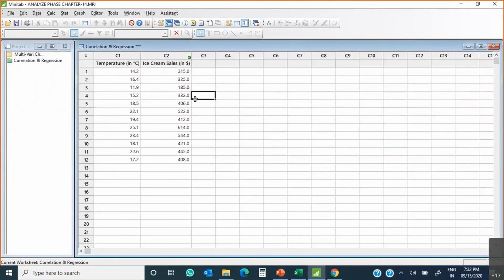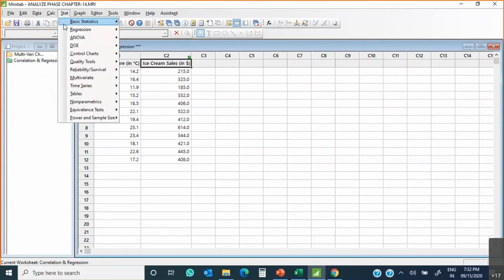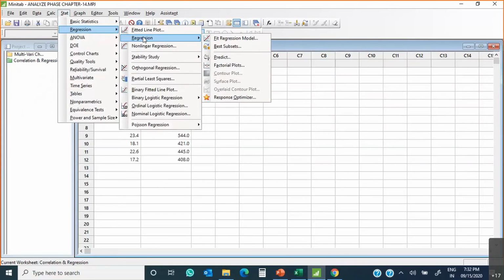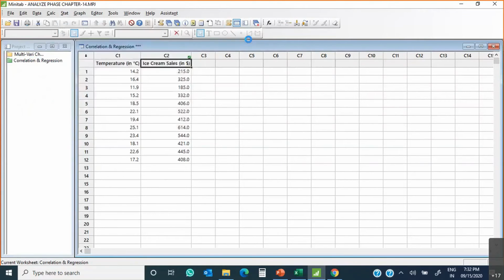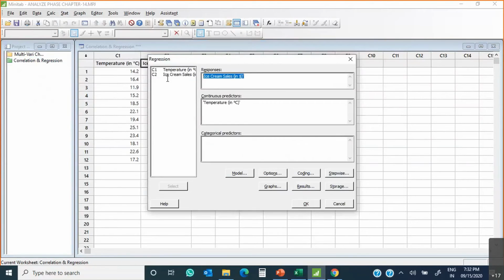Similarly, if you want to do the regression in Minitab, you go to Stat, Regression, Fit Regression Model. Here, what is the Y? We have ice cream sales as Y, and the predictor is temperature.